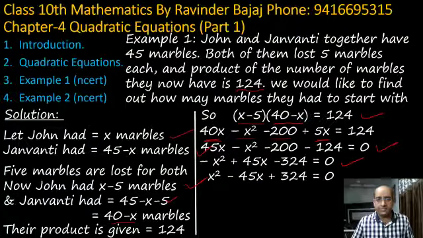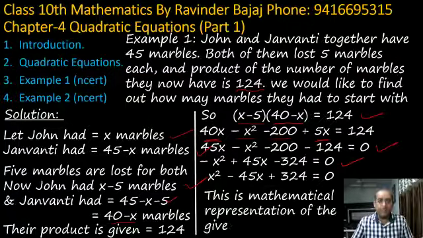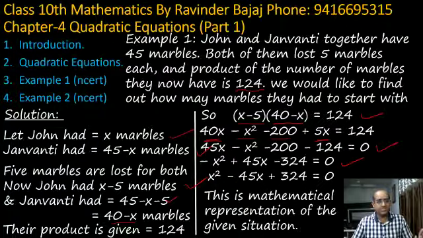It will become x square minus 45x plus 324 is equal to 0. So we can say the situation given in example number 1 is written as a mathematical expression, a quadratic equation. This is the mathematical representation of example number 1. Now we will solve it. In the same chapter we will learn how to solve it. Now it is clear to you how to express a situation as a mathematical expression.